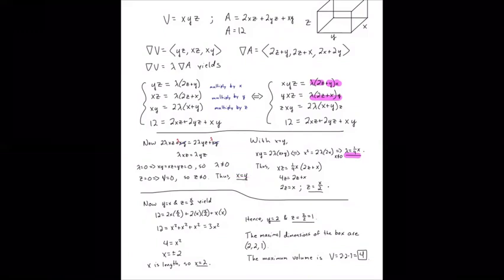Now, go to the third, any one of the other pairs above, and this one's going to be probably the most useful at this point. It's xz, and that's equal to 1/4 x for lambda, times 2z plus x. And now we can get an expression for z in terms of x.